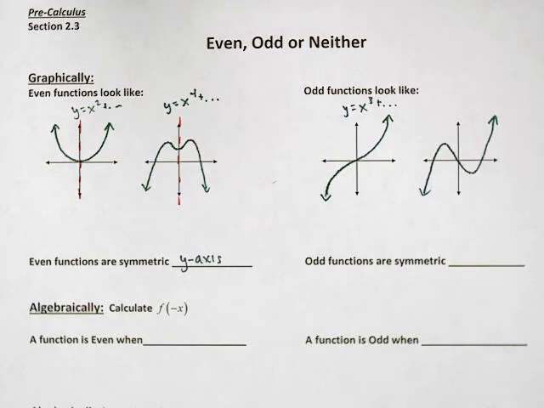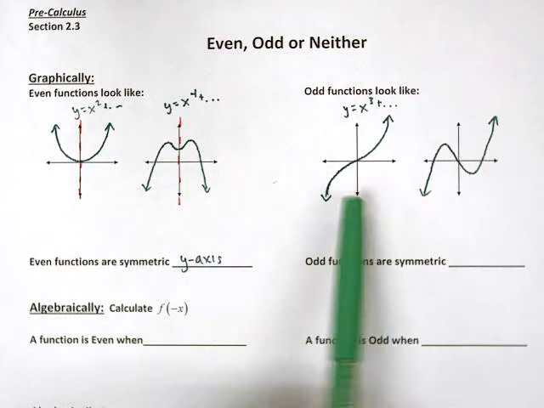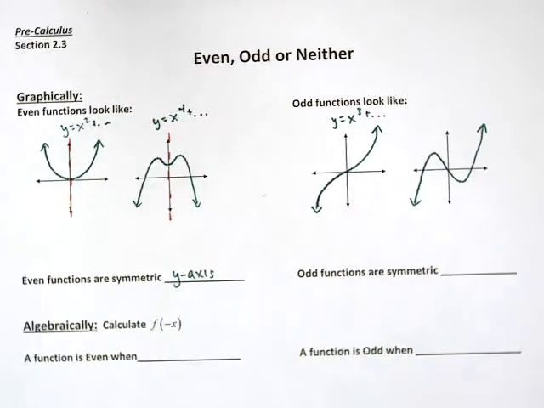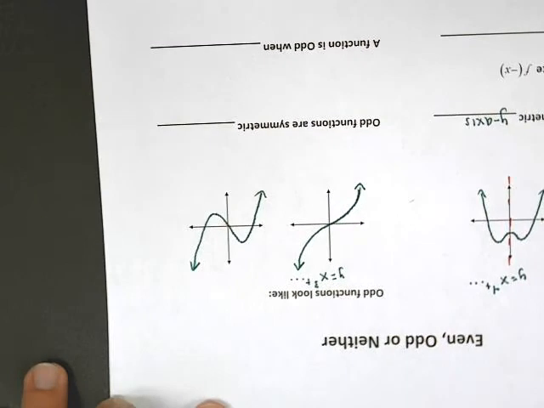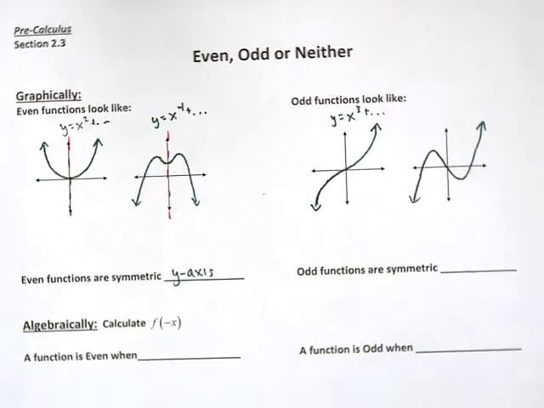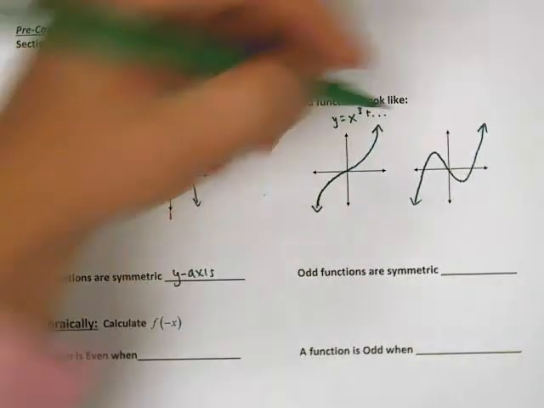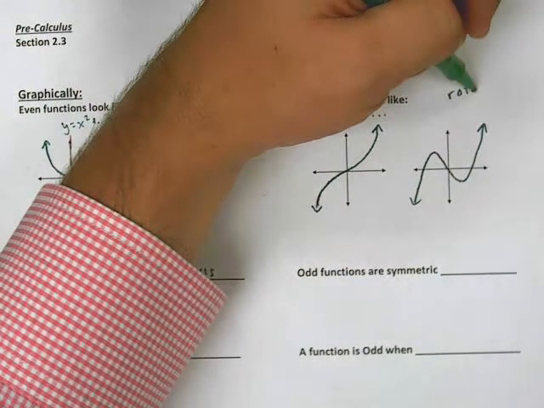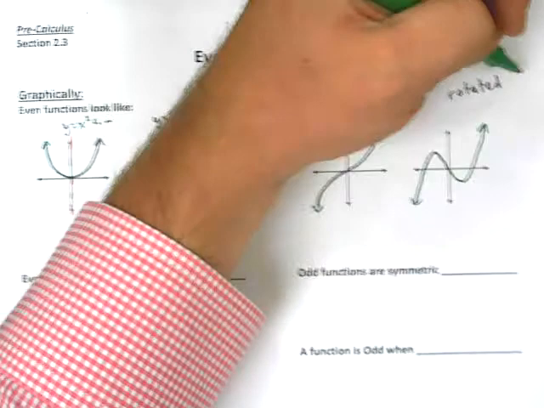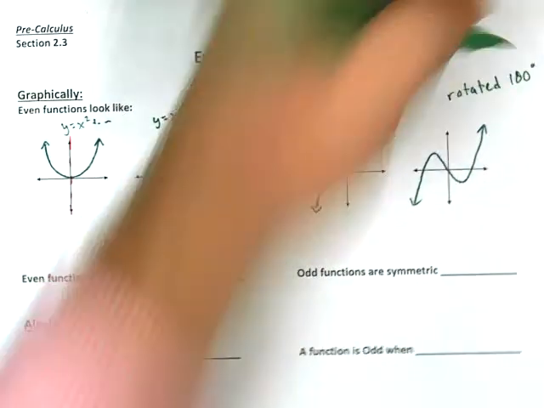Well, a couple of different tests, right? We know that if we spin the paper, if I spin this paper around, they look identical, right? This looks the exact same as this. So what happened? This was rotated 180 degrees.